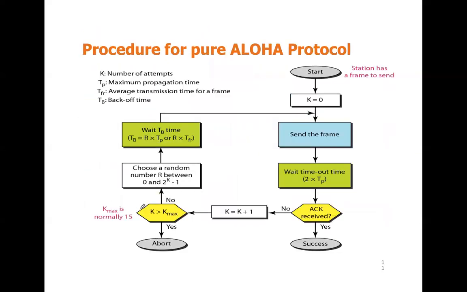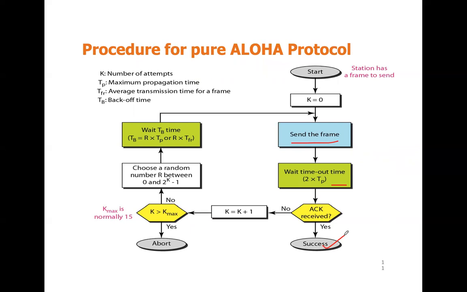If we take the procedure, whenever a station has a frame to send, it immediately sends the frame. It waits for twice the travel time of that frame from the transmitter to the receiver. After twice that time, if an acknowledgement is received, then the frame is successfully transmitted.